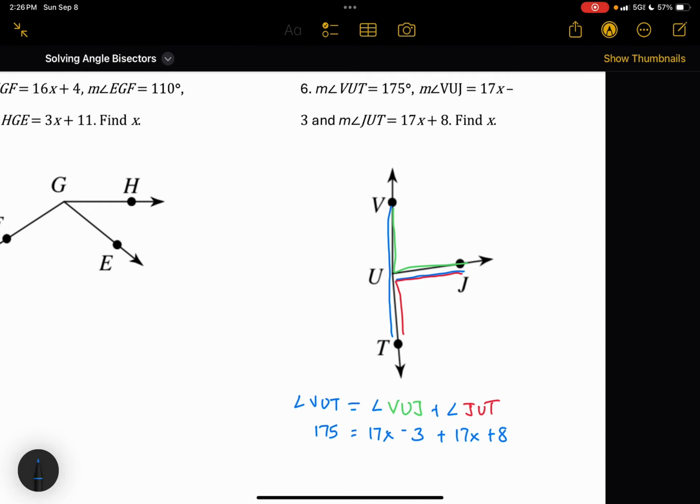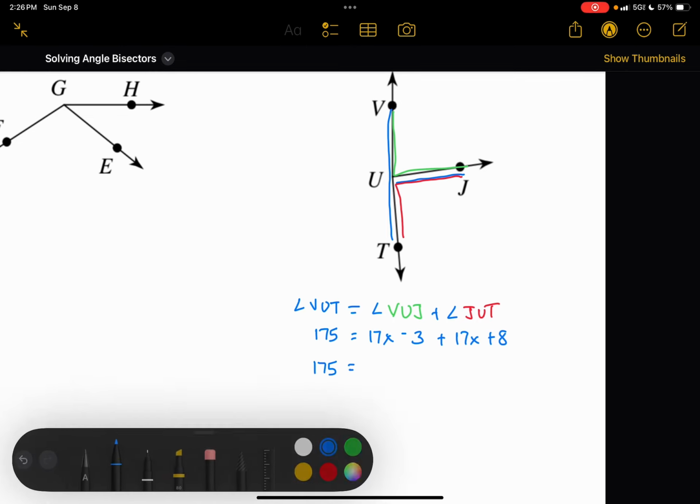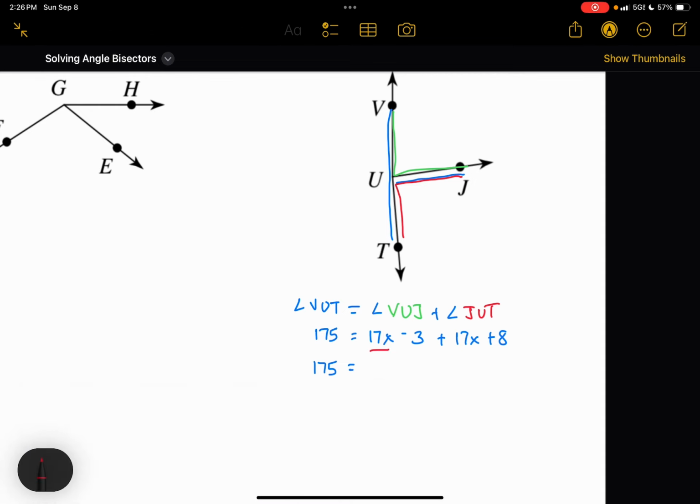So they've given us all of the angles, but they're just in expression form. And so we want to solve for x. So I have 175 here. I'm going to add this 17x and that 17x. So 17 plus 17 is going to give us 34.